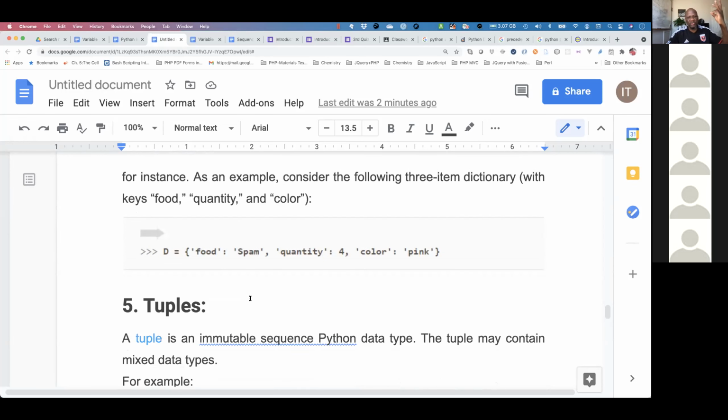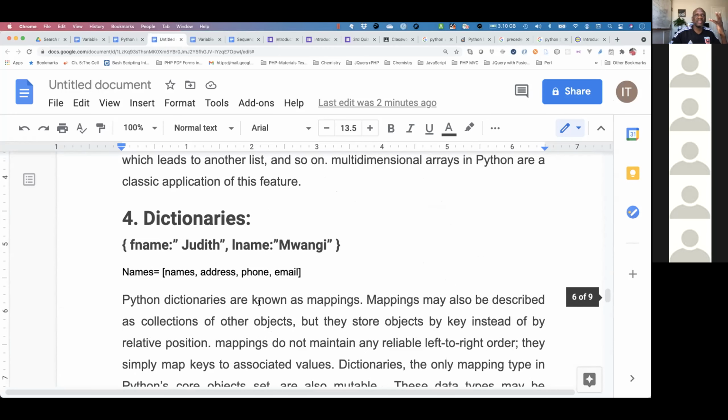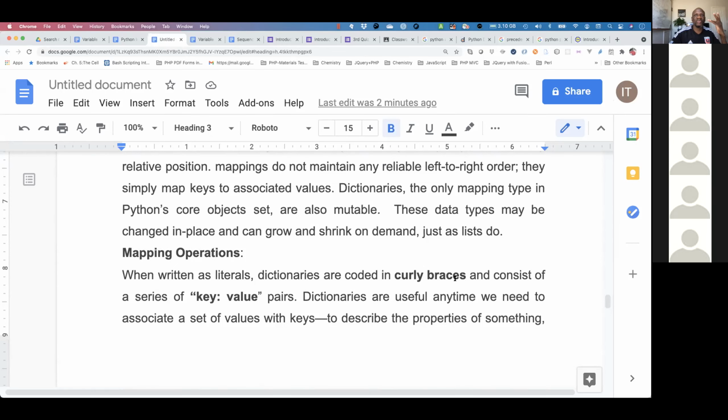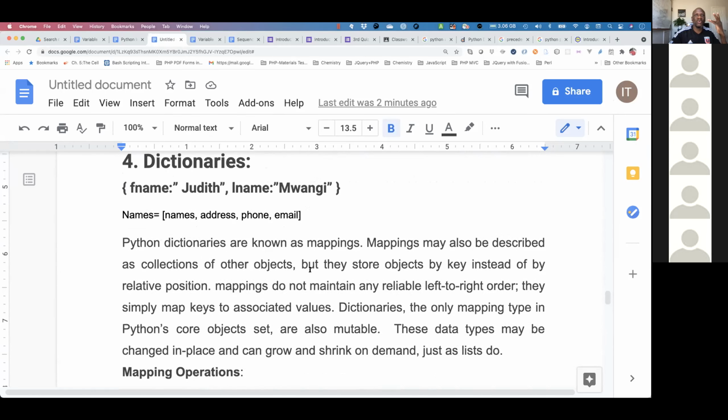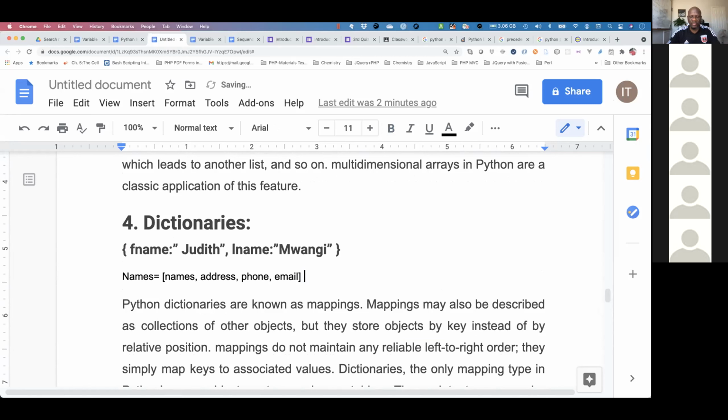Now remember the dictionary and also remember the list, they're both mutable. And when we have to declare them, one uses curly braces, and one uses square brackets, or square braces.